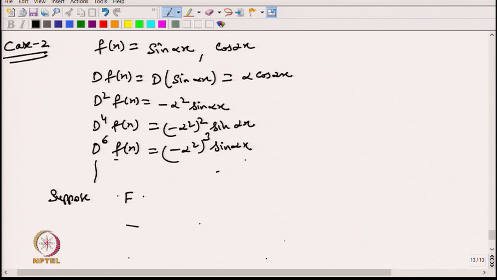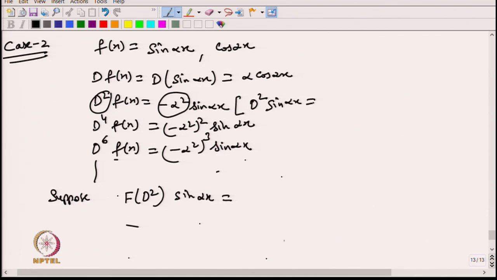So, from here, suppose I have my differential operator defined in terms of f(D square). So, what will f(D square) sin alpha x become? If I take D square, then D square sin alpha x becomes minus alpha square sin alpha x.